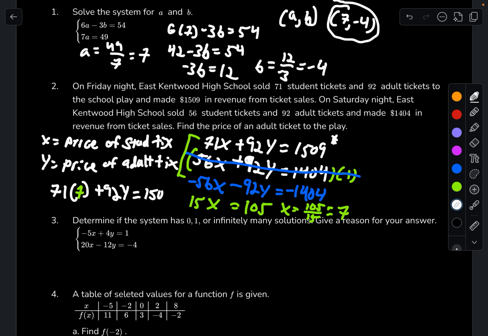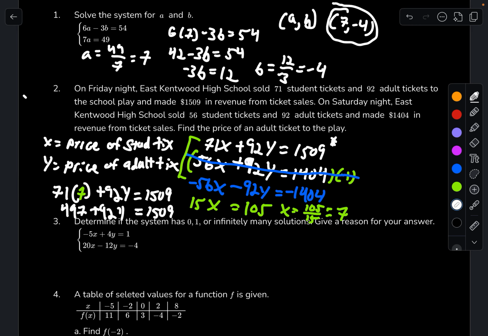Modifying it, 71 times 7 is 497 plus 92y equals 1509.